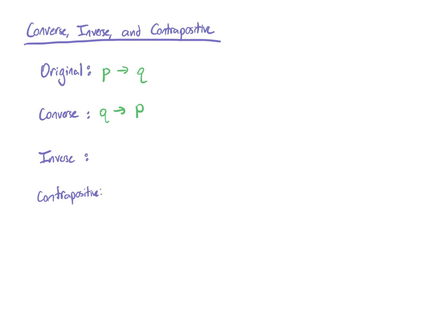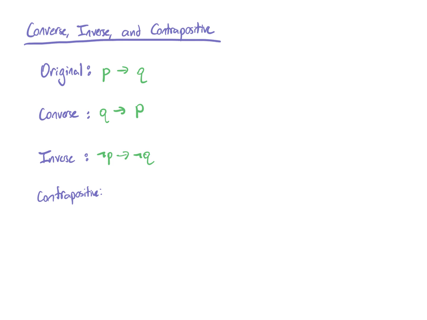The inverse of this expression is not P implies not Q. So in the inverse, I leave the P and Q where they are, but I add some negation signs.